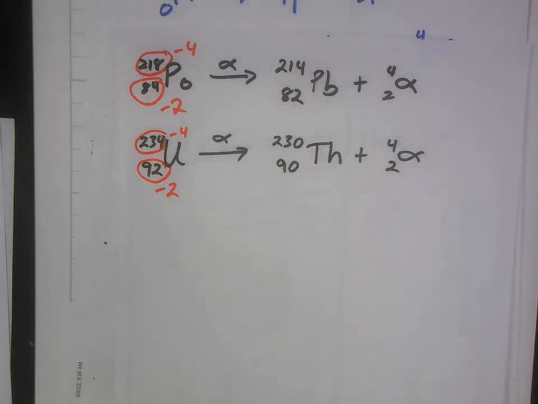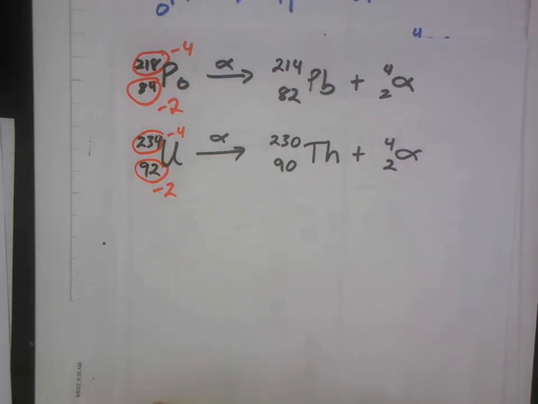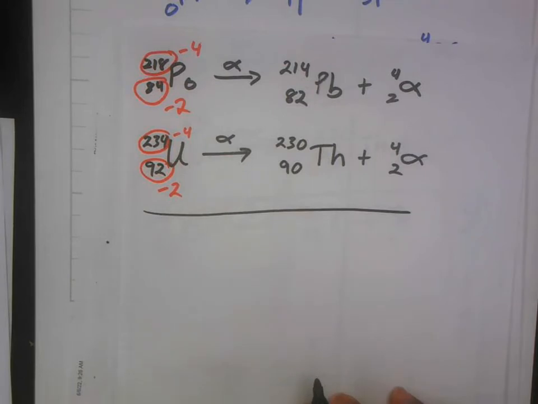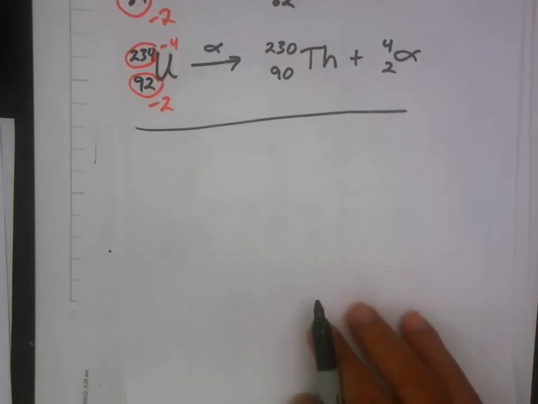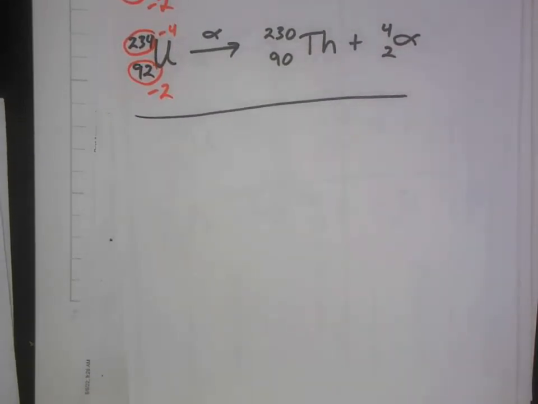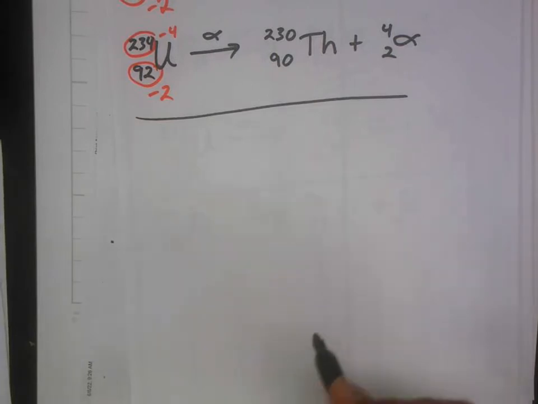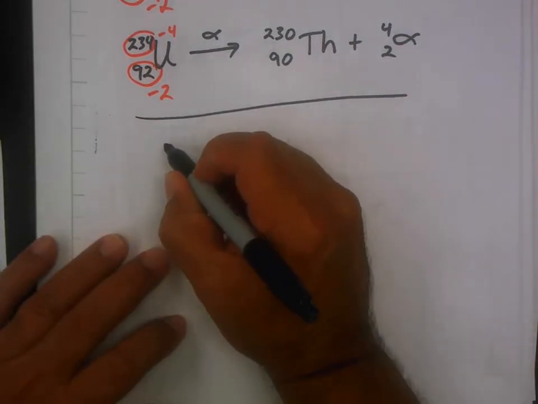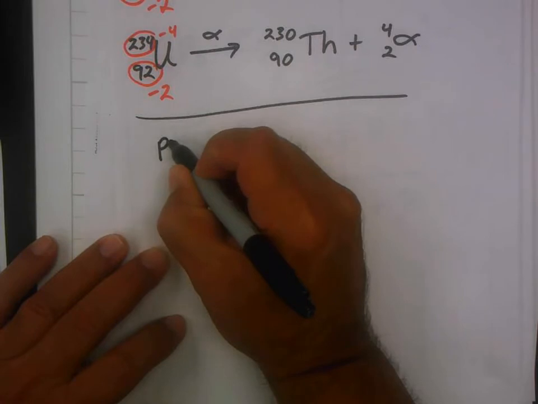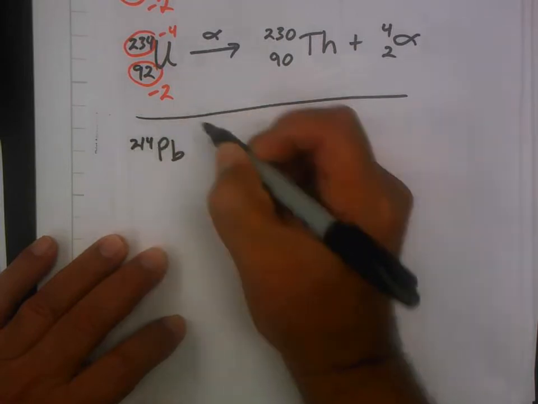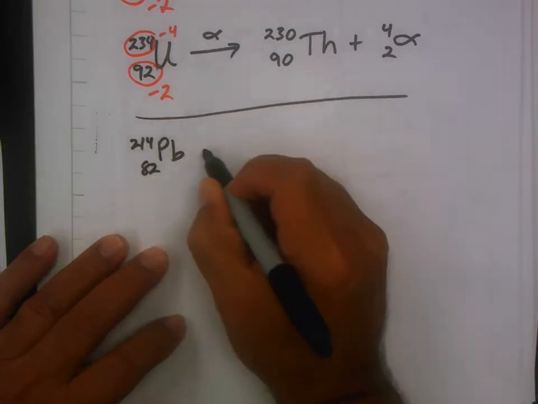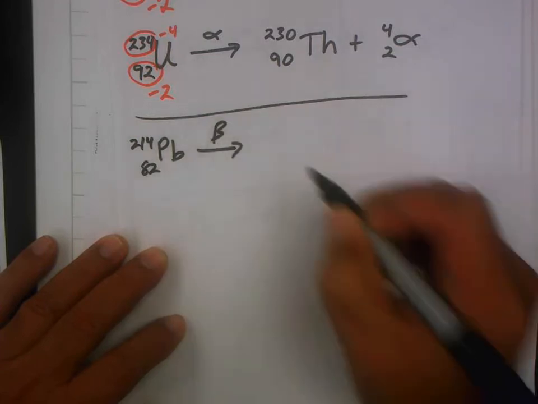All right, let's do a beta decay one. So, put this line here. Below this line is beta decay. Let's say we had lead-214. Now this lead-214 here is not stable, but it undergoes beta decay instead of alpha decay.